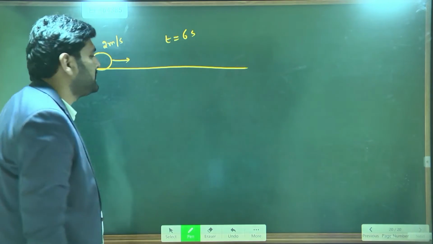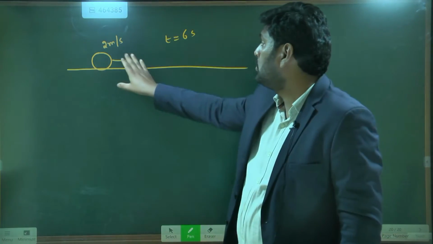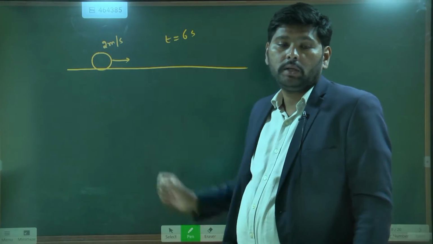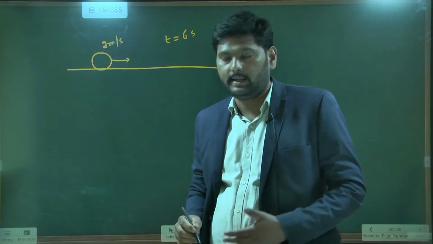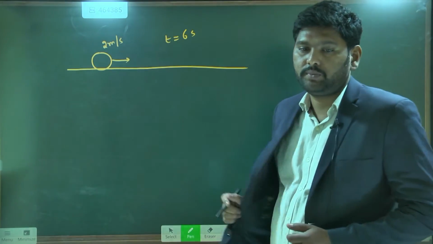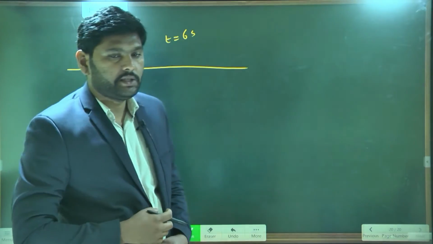The object moves 2 meters per second in a straight line, and it travels for 6 seconds. Now I want the speed versus time graph.